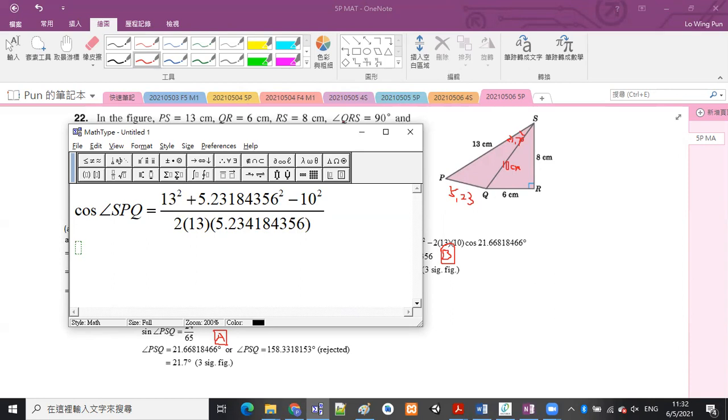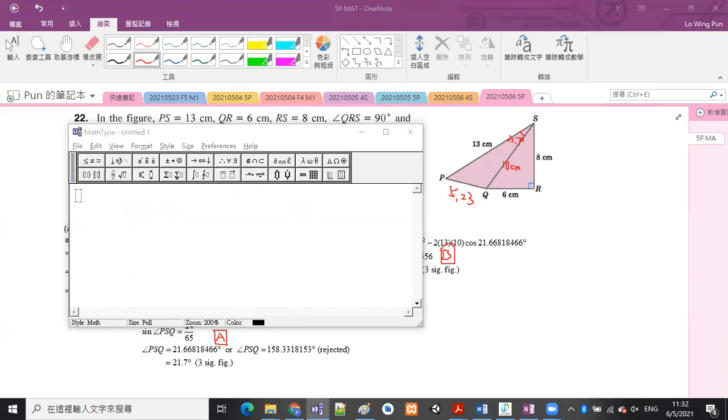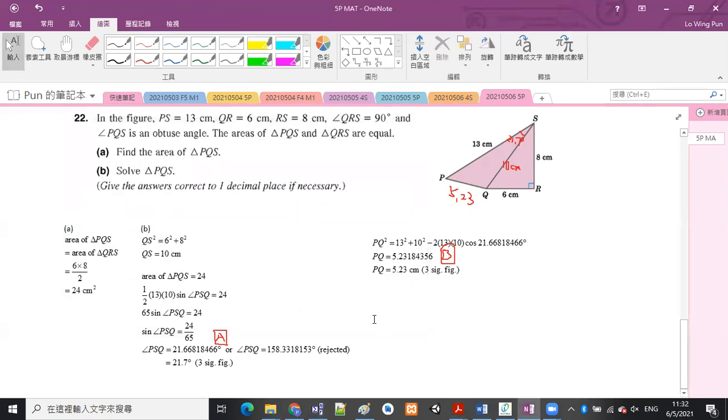And then shift cosine, and you'll get 44.88 something. And save this to memory C. And this is one of the answers, so we need to correct to 3 SF.